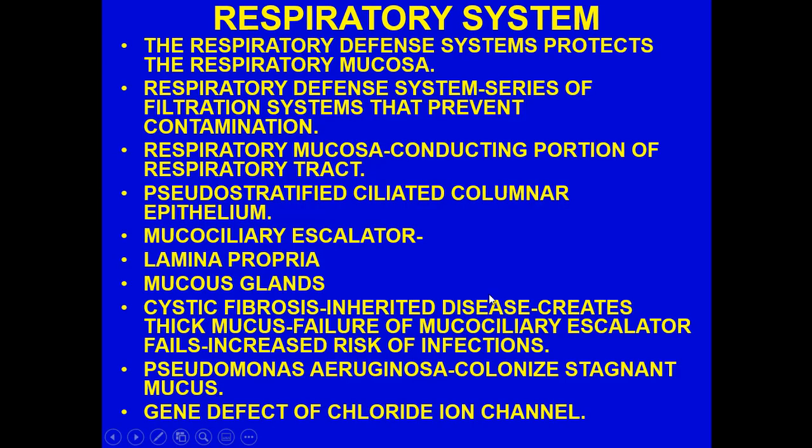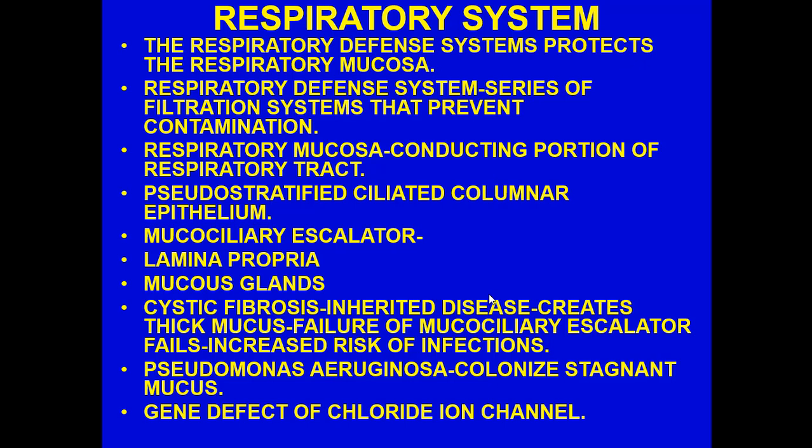The respiratory defense system really protects the respiratory mucosa. Now, what is the respiratory defense system? This is a series of filtration systems that prevent contamination. So, the respiratory mucosa is the conducting portion of the respiratory tract. So it's right up in and right next to the lumen of all of these parts where the air passes back and forth.